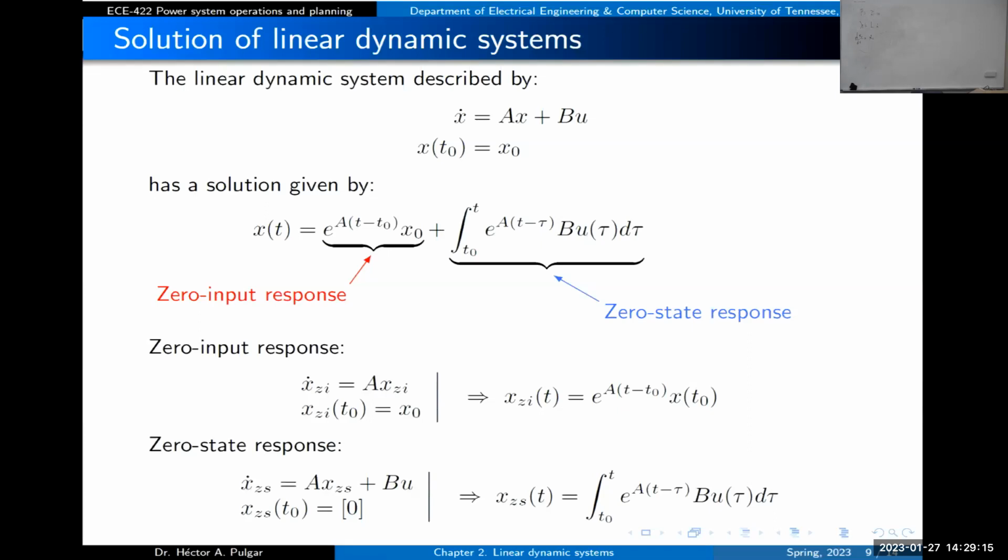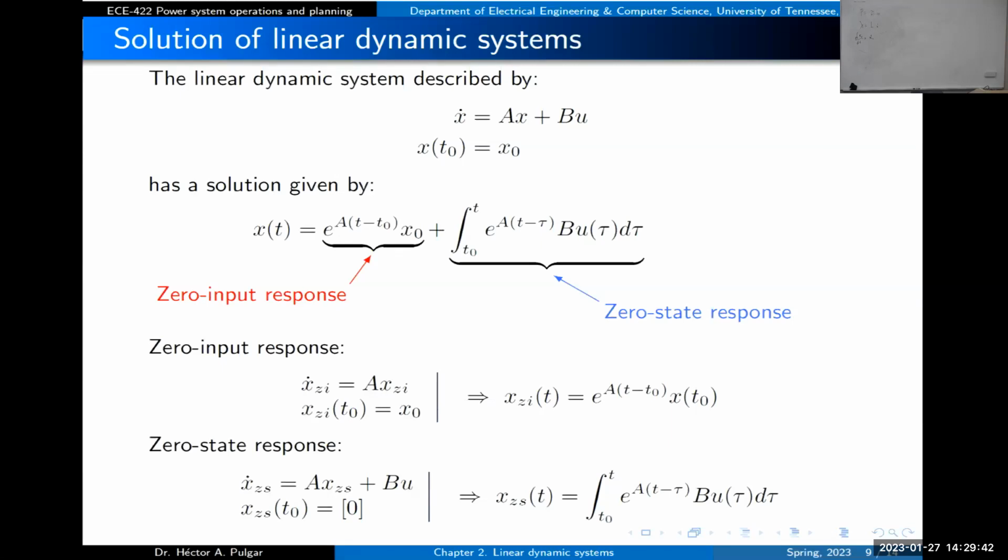The first component depends on the system matrix, which is 2 by 2 in our example, the initial time and the initial condition. It doesn't depend on the input. Because it doesn't depend on the input, we call this the zero input response.